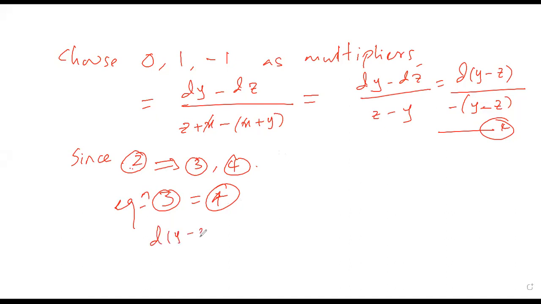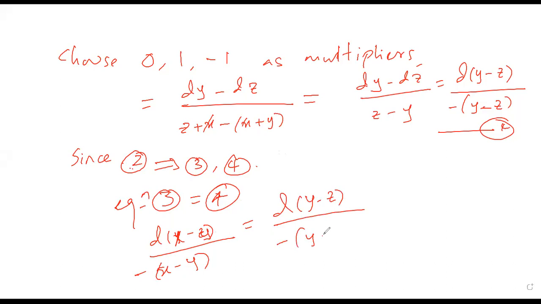d(x minus y) over, okay, I'm writing this one first. This will be d(x minus y) over x minus y, equal to d(y minus z) divided by minus y minus z.